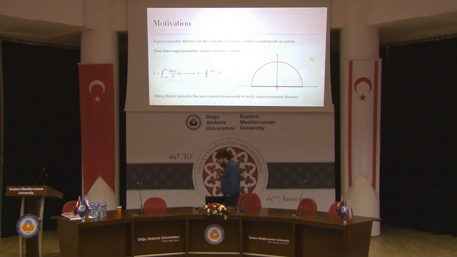Just a disclaimer: when I'm talking about supersymmetric theories, I do not intend to solve problems for which supersymmetry has been used widely, such as the hierarchy problem or other naturalness problems. I'm not talking about superpartners being dark matter candidates.